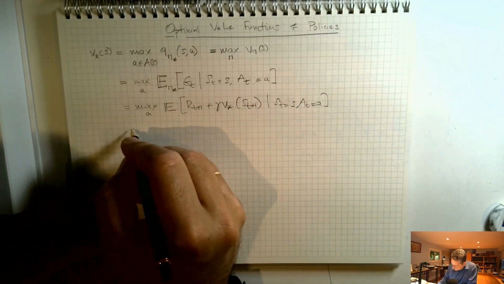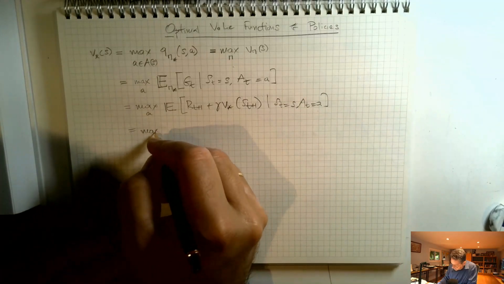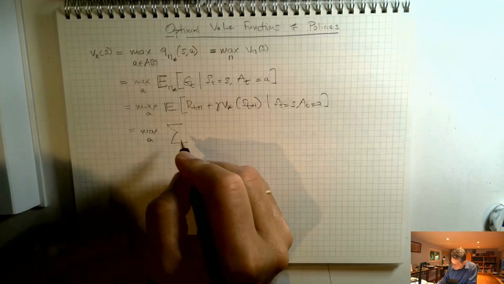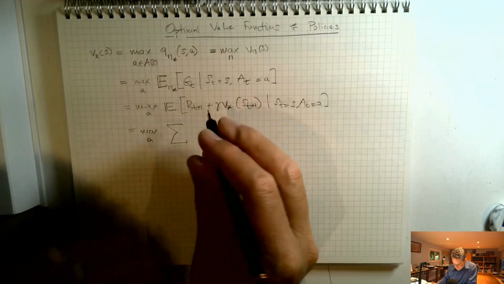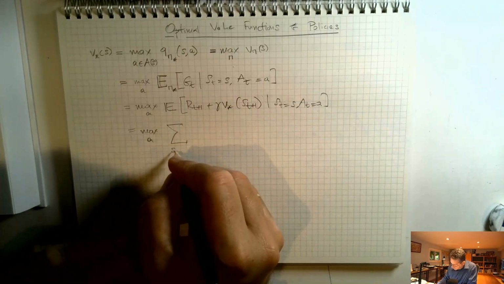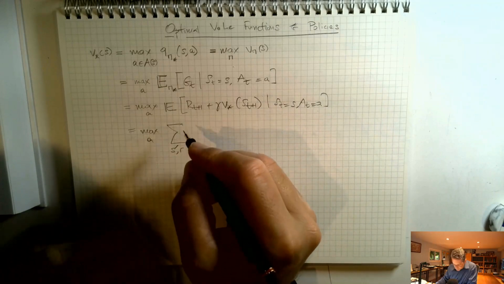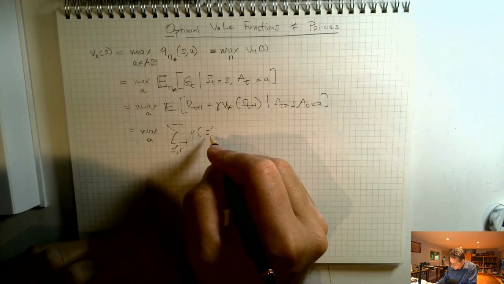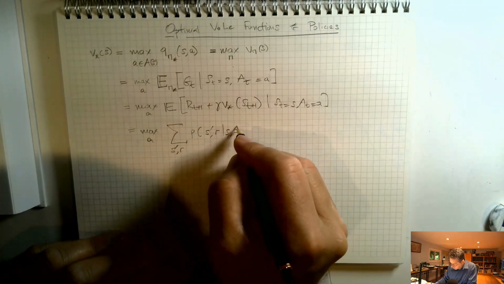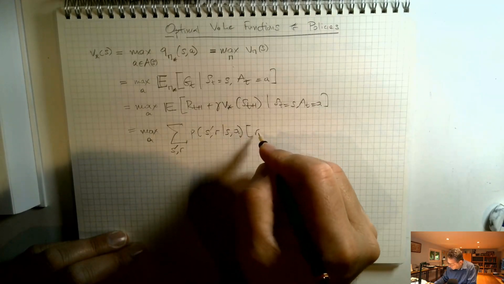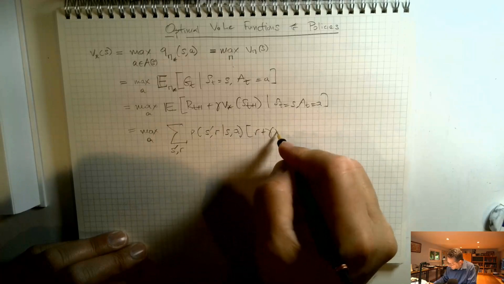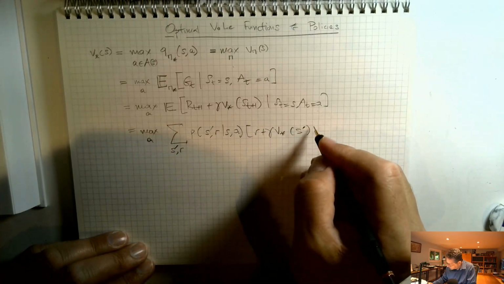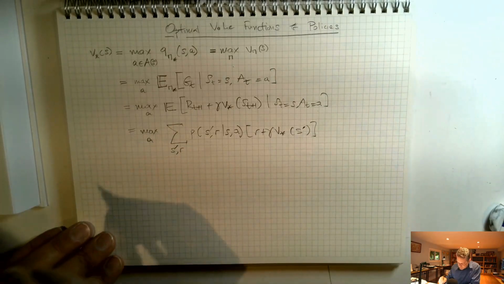And finally, it is max over a, replacing the expectation with a summation over S prime and rewards R of the MDP dynamics, times R plus gamma V star of S prime.